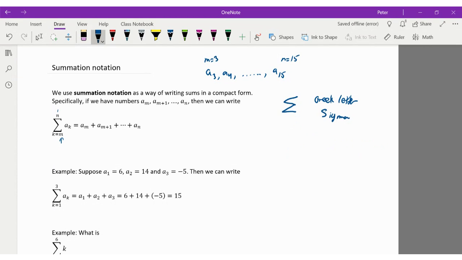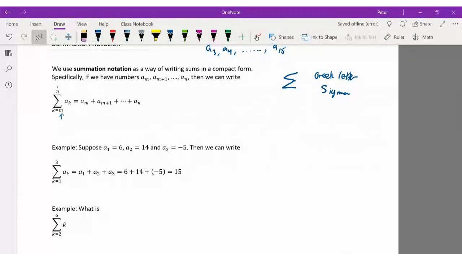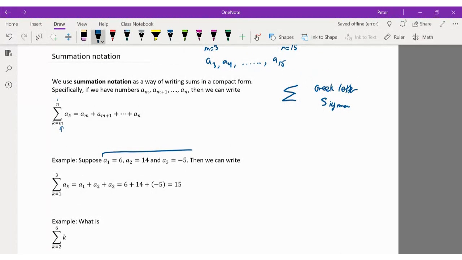So here's an example. Let's say I have these three numbers: a1 is 6, a2 is 14, and a3 is -5. Then I could write the sum from k equals 1 to 3 of ak, and the way I'm pronouncing it is exactly how you would say this symbol.